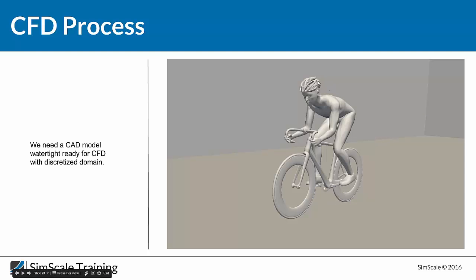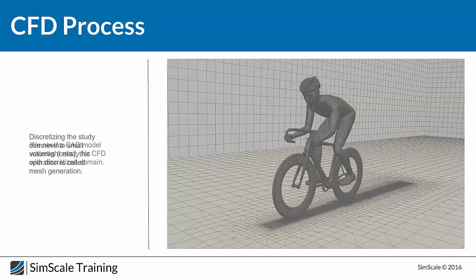So as you can see here, we see this bike and also we see this domain, because we can't resolve our governing equation all over an open domain, so we have to discretize our domain to get a representation of our physical quantities. So after doing this, we need to create a mesh.